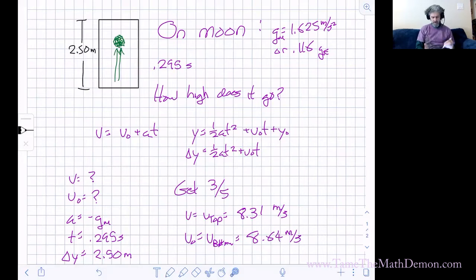And that makes sense. It's slowing down because of the pull of gravity, so it should be slower at the top of the window than at the bottom.